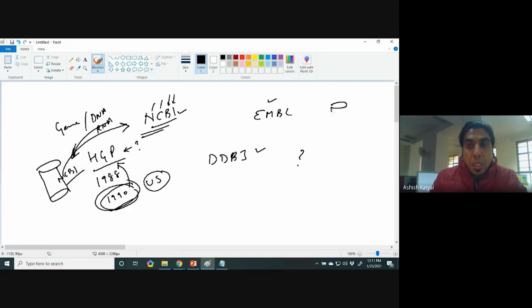Whenever you make a server or database, you need funding. NCBI was seeking funding and got two US agencies, NIH and NLM. Have you heard of NIH? They said you are making this, we can fund it, but you have to maintain our data also.